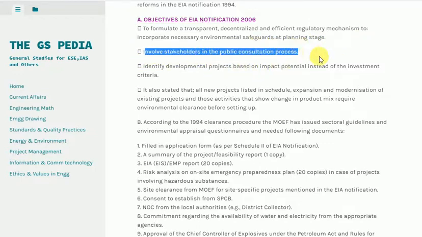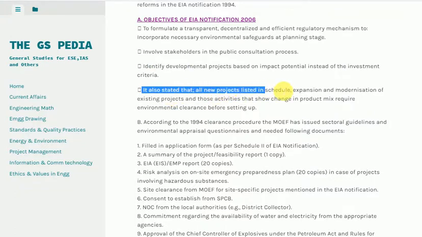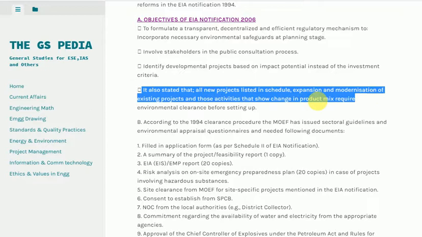It also stated that all new projects listed in schedule, expansion and modernization of existing projects and those activities that show change in product mix require environmental clearance before setting up.